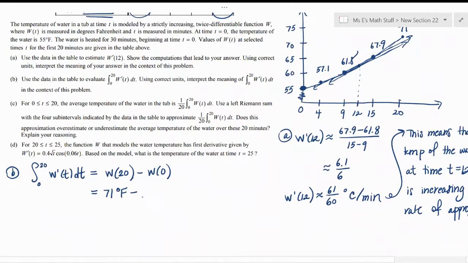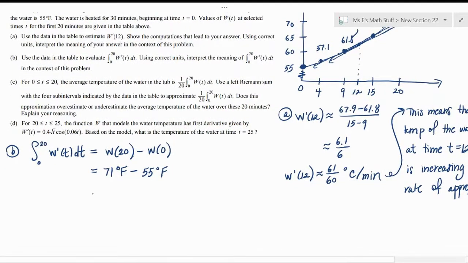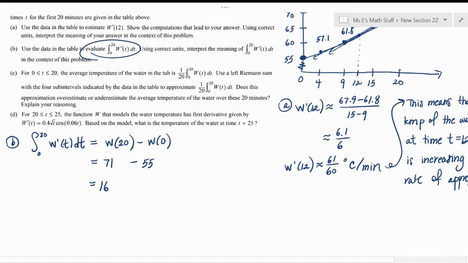And then minus 55 degrees Fahrenheit. And then subtract that, and you end up with 16 degrees Fahrenheit, or 16. So for the part where they asked you to evaluate the integral, just saying 16 is totally fine. You wouldn't especially have to have the degrees Fahrenheit on there.